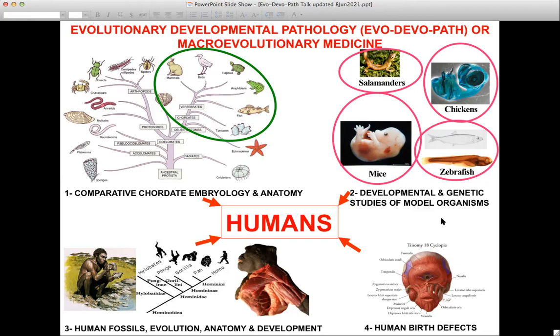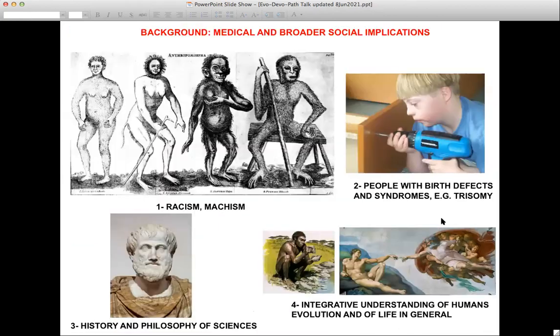Humans are the main case study for this subfield, and humans are the main case study that show about the evolution and even the development and pathologies and variations of other animals. This also coincides with our lab, the Free Diogo lab, that is aimed to address broader medical and social implications.